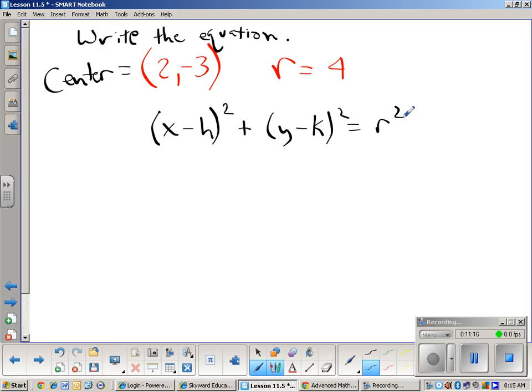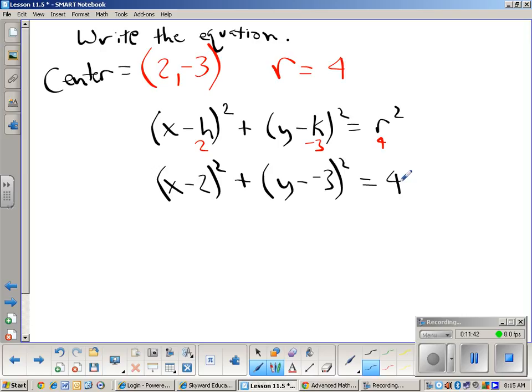Go ahead, Easton. X minus 2 squared plus y plus 3 squared equals 16. Okay, so you're saying I'm putting a 2 in here, a negative 3 in here, and a 4 in there, right? And so you're getting x minus 2 squared plus y minus a negative 3 squared equals 4 squared.